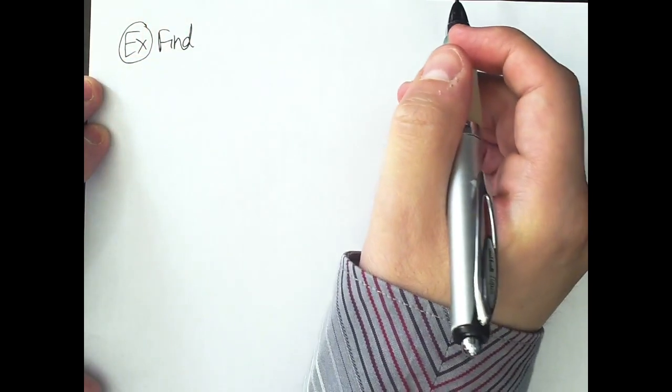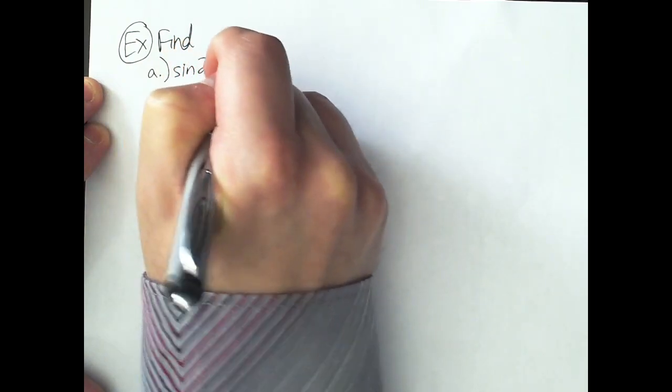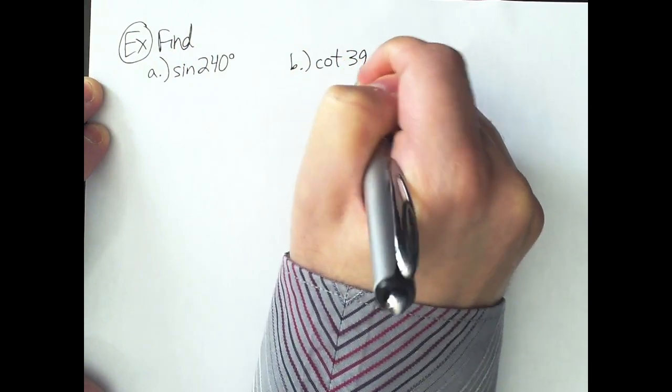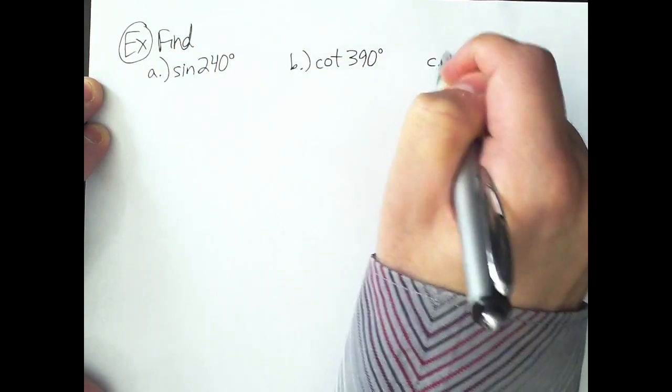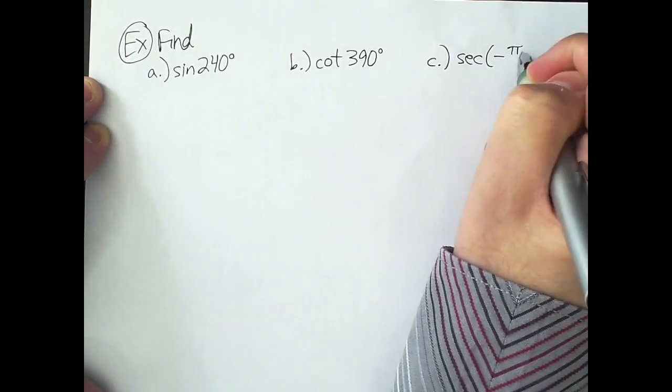So example, let's find, I'll do the first one. There's going to be 3 parts, and I think I'll do the first part. So we're going to find part A, sine of 240 degrees. Part B, cotangent of 390 degrees. And part C, secant of negative pi over 4.